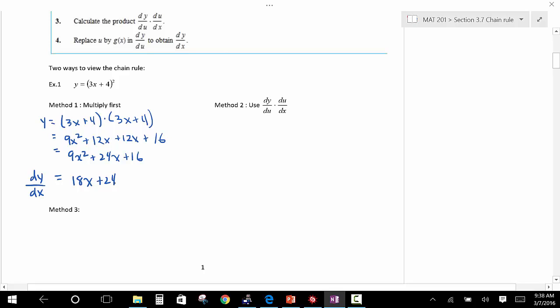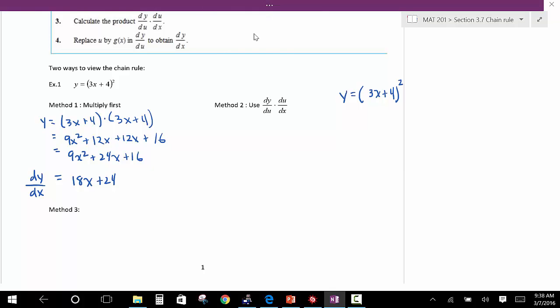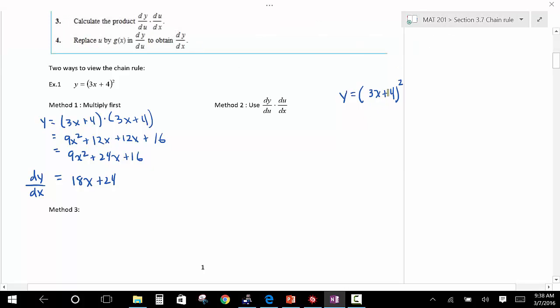Now we're going to look at the chain rule, and at these two different versions of it. Let's write down what we're differentiating, and think of this as a composition of functions. There's this inside part that's being squared, so there are actually two things going on.